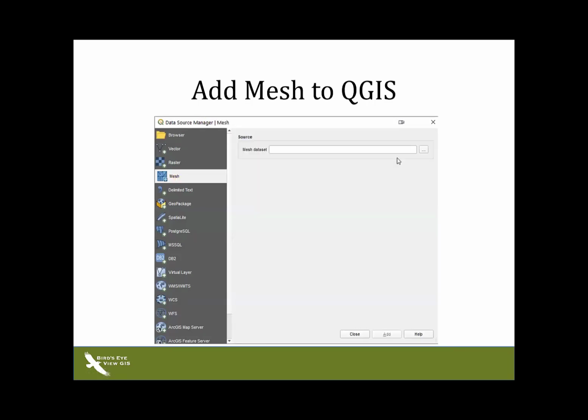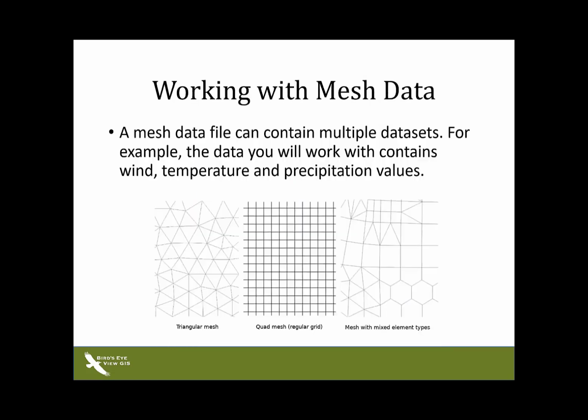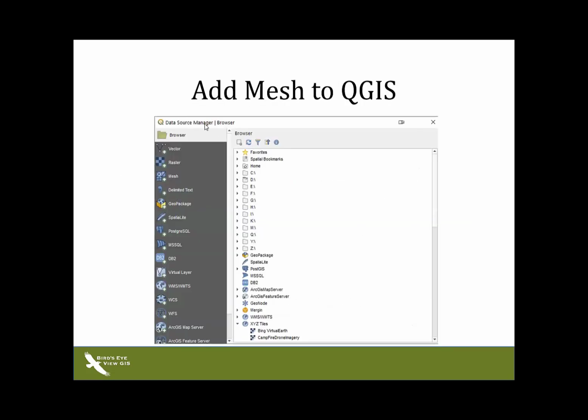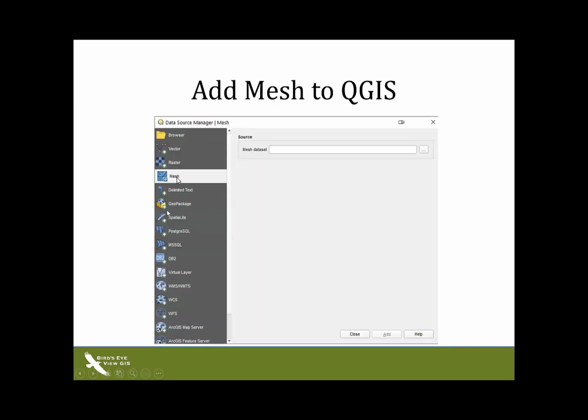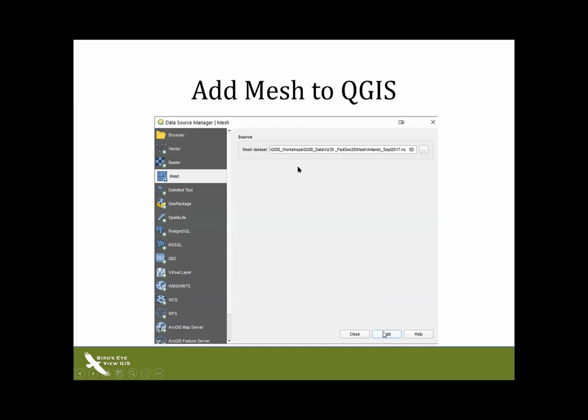This is working with the data source manager in QGIS. If I reboot this, you've probably noticed that there's now a mesh tab here. We're going to use the browse button to browse to this mesh folder and choose Atlantic September 2017.nc.